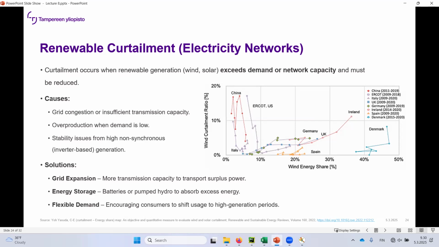By the way, the physical curtailment, what actually happens there is either you brake, you have brakes in those wind turbines, or you use pitch control, so you actively change your blade angle so it starts to stall.